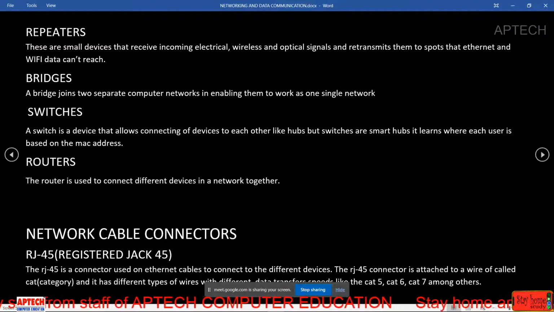You get my point? Most of the time a repeater is connected to the Ethernet cables, and the Ethernet cables are connected to the switch. So it just sends the signals like that.